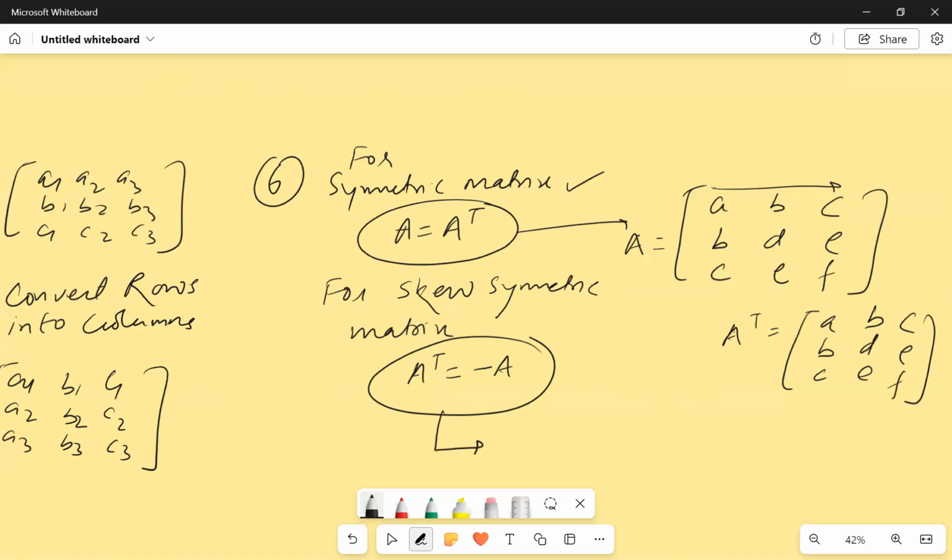Now, for an example of skew symmetric, you can easily take A equal to this. Here you should keep the diagonal elements as 0, 0, 0.